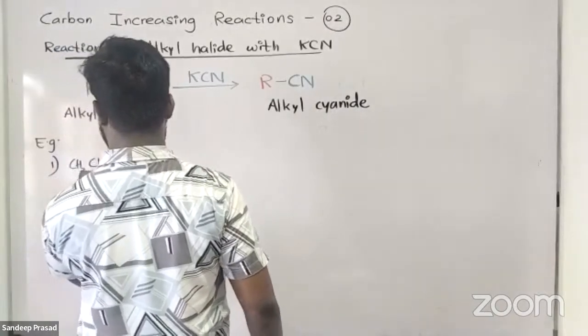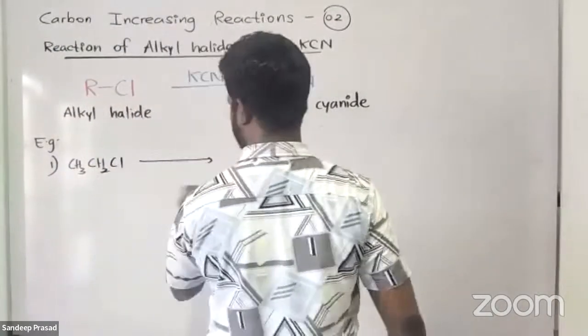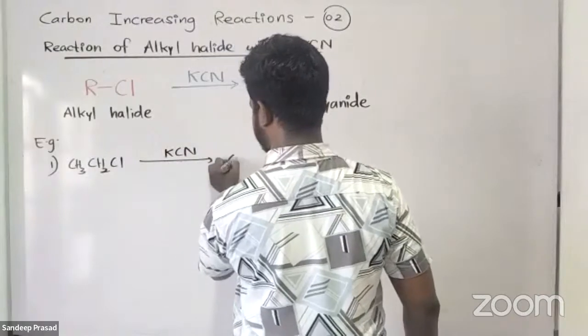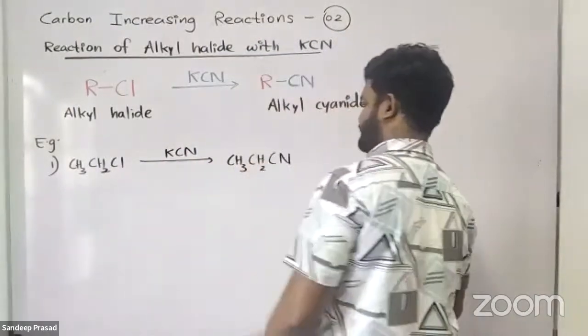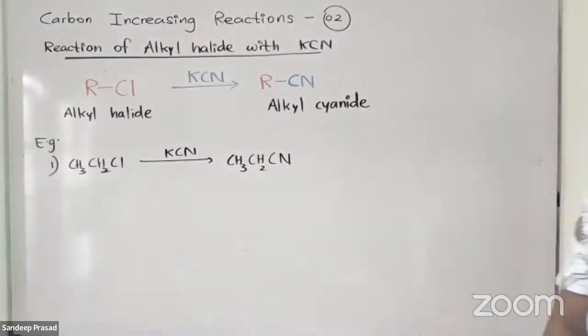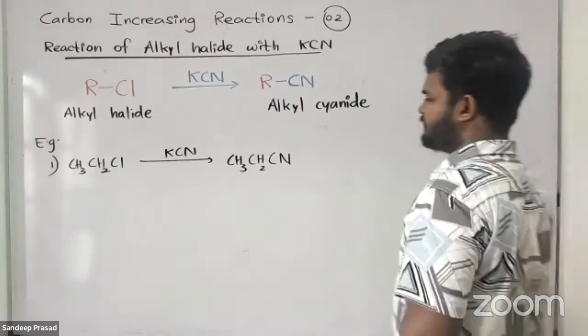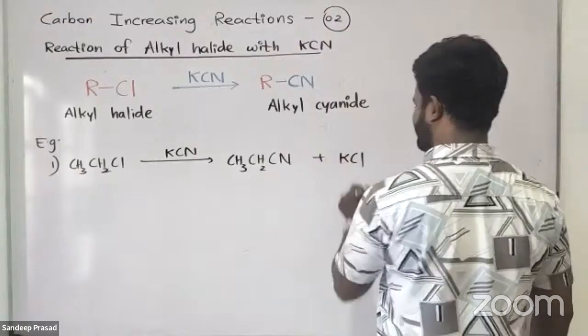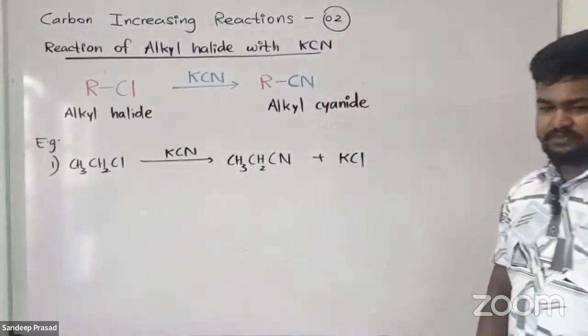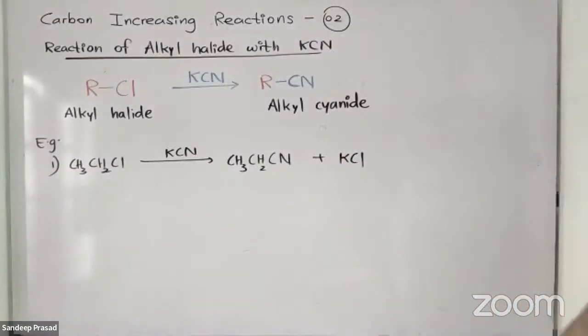CH3CH2Cl, adding KCN converts it into the cyanide. So what should be the byproduct, as you think? Potassium is connecting with the eliminated chloride. So the byproduct is KCl. It's not important, but you can predict the byproduct also.